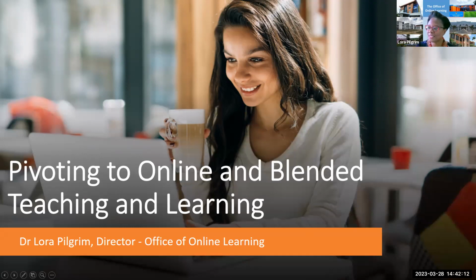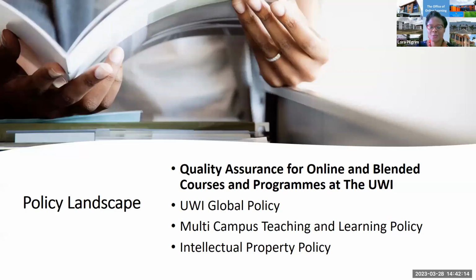So first, let's take a quick look at the policy landscape at UE in terms of your online and blended proposals. The main policy you would be looking at is the quality assurance for online and blended courses and programs at the UE. You can find this at your settle or at QAU on your campus. There are a couple other policies that you may want to reference, but that one is most important.